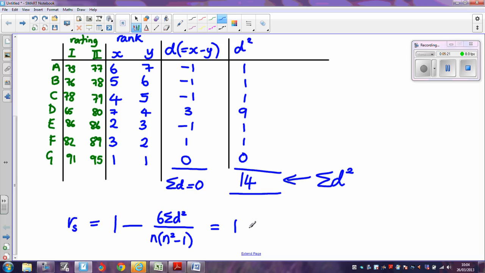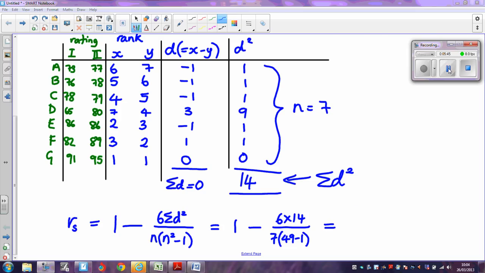So in this case, we're going to do 1 take away. Now, sigma d squared was 14. So we're going to be doing 6 multiplied by 14 divided by, now in this case, n is just the number of pairs, and we can see in this case that n is equal to 7. Okay, so here we're going to do 7, and then 7 squared, well, that's 49 minus 1. Okay, if we just carry on then, so 6 times 14, well, that's 84.